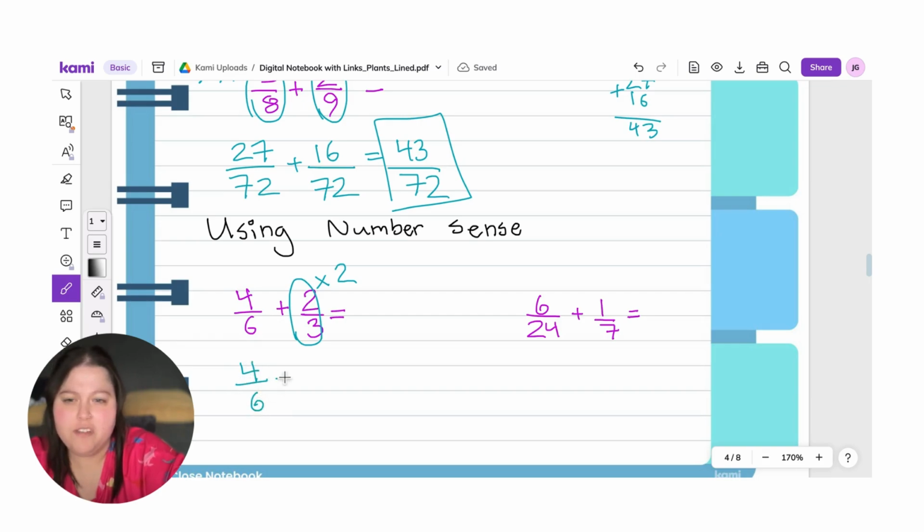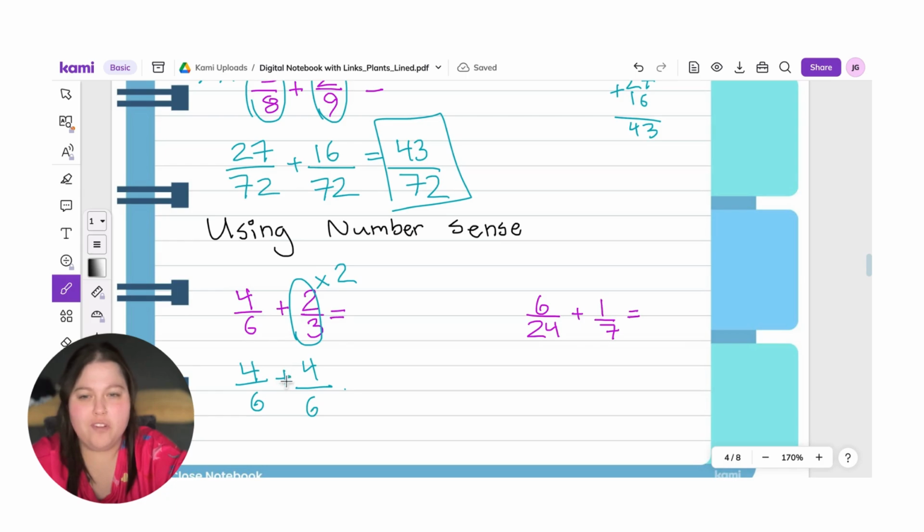I have 4 over 6. For my second fraction, I was able to recognize that with a denominator of 3, I could quickly make it a denominator of 6 simply by doubling it. It just cut out the step of having to list out my multiples. So my second fraction also turns out to be 4 over 6. 4 over 6 plus 4 over 6 equals 8 over 6, which causes me a little bit of trouble.